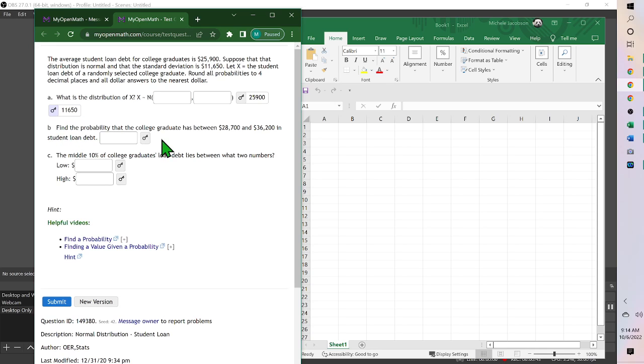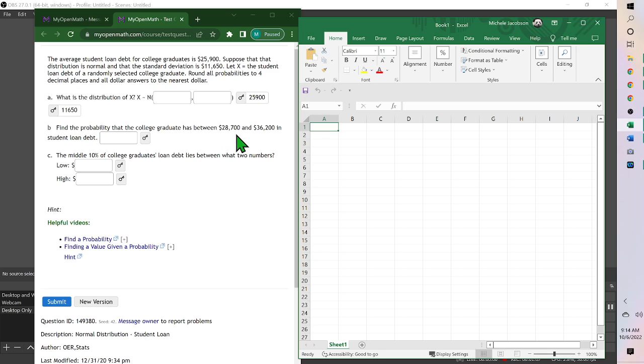Find the probability that a college graduate has between 28,700 and 36,200 in loan debt. Now, when you find the percent that they have, it gives you the percent below.